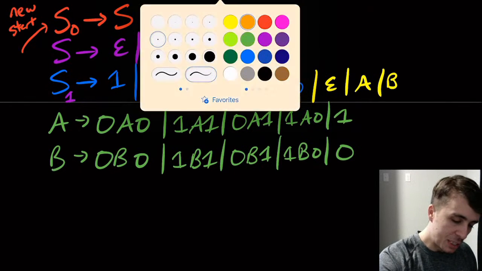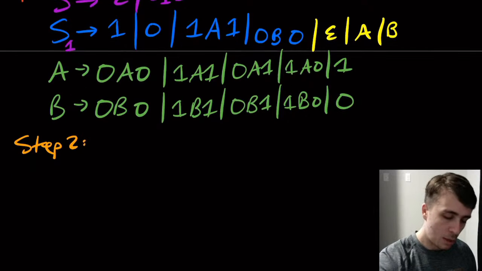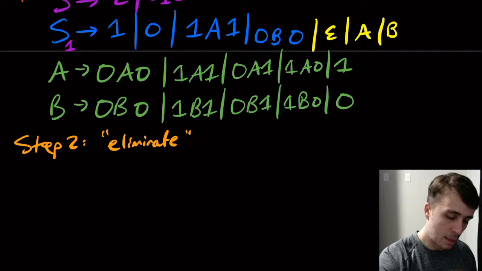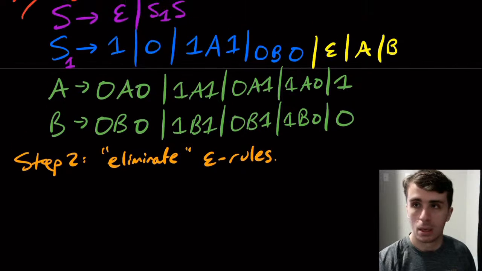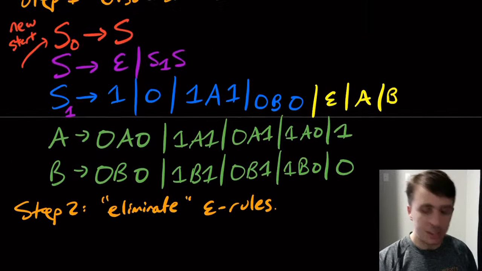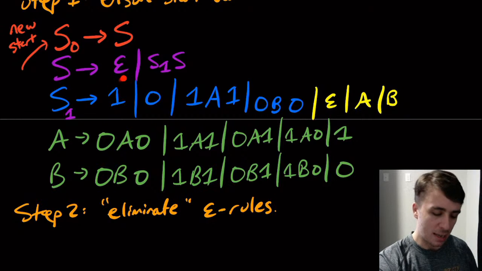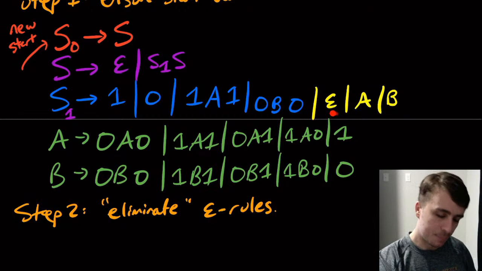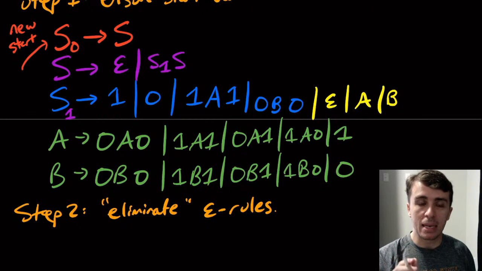Okay, so the second step here is to quote-unquote eliminate rules that involve epsilon, which I'm going to call epsilon rules. So it's not literally delete them, but to handle them strategically, which means that we have to be able to simulate these rules.